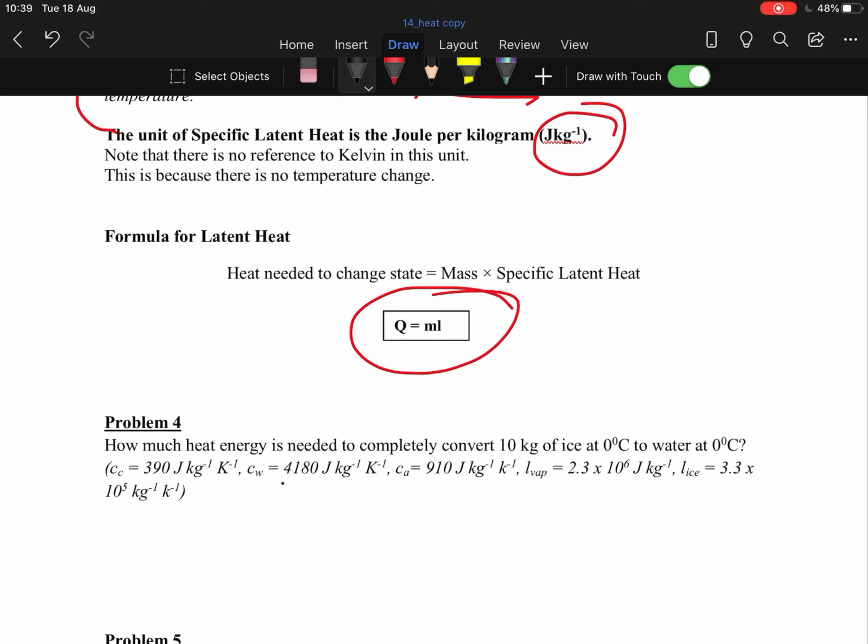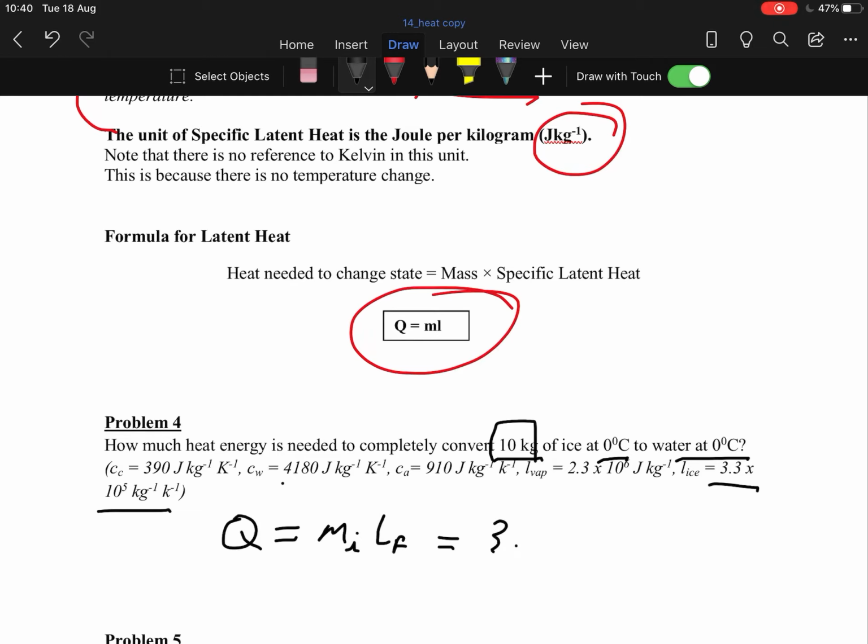How much heat energy is needed to completely convert 10 kgs of ice at 0 degrees Celsius to water at 0 degrees Celsius? Okay, so Q equals mass of ice times, there's no change in temperature, so we're going to have to use the latent heat of fusion. The mass of ice is 10 kg, latent heat of fusion is 3.3 by 10 to the 5 joules per kg.